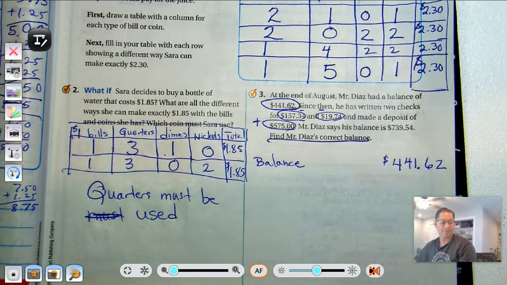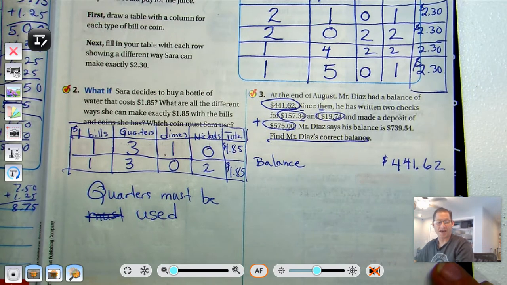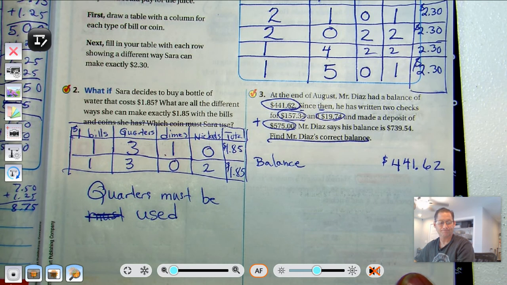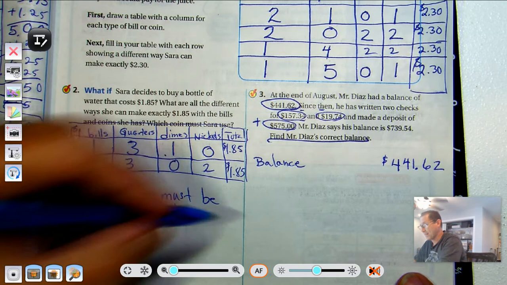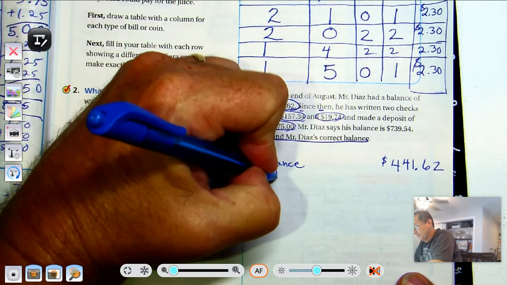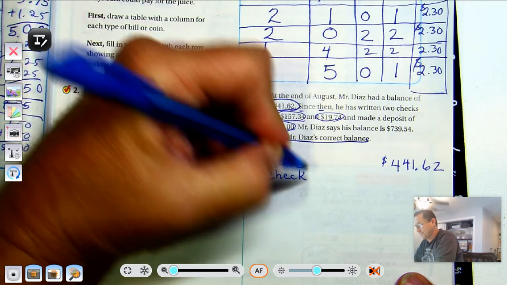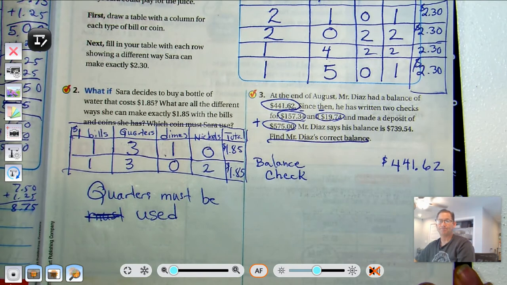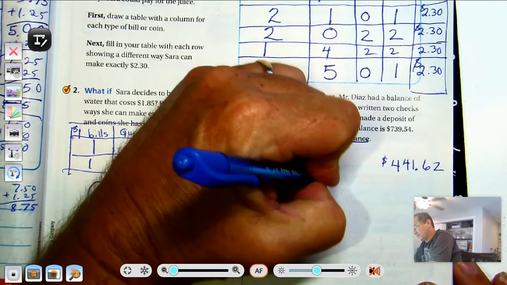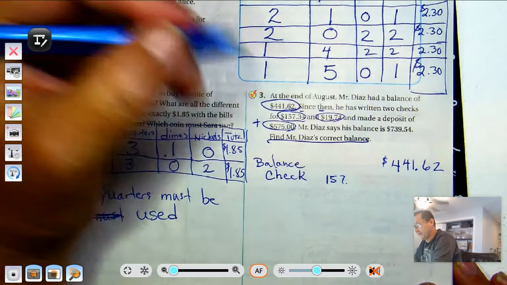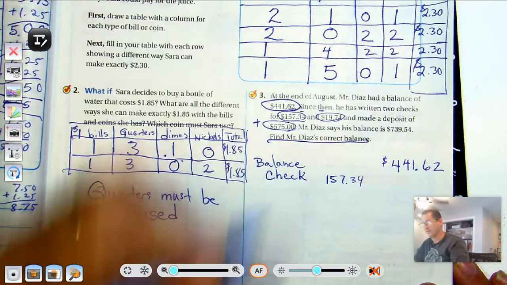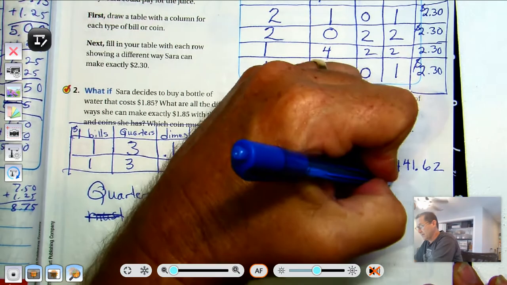Okay, now he wrote 2 checks. So if I take one of the checks and subtract it, so he's subtracting $157.34.